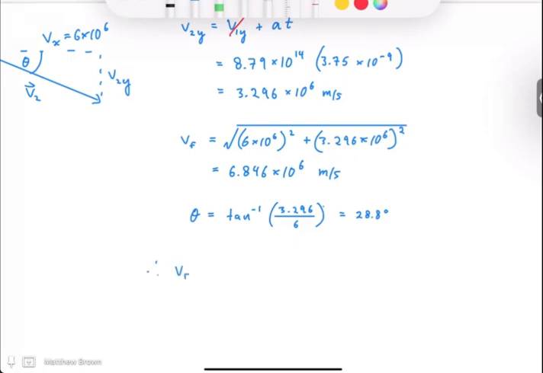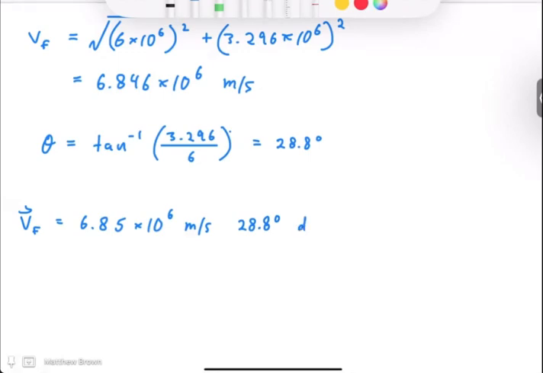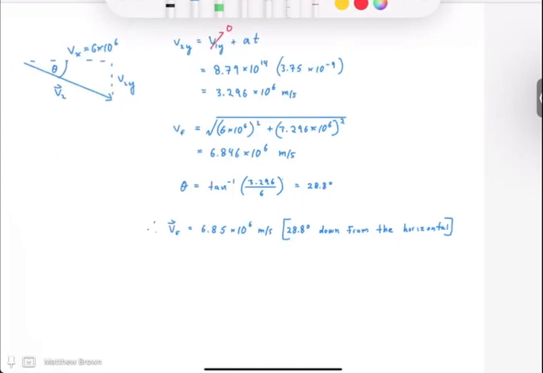So then I can say, therefore, V final is 6.85, let's say, times 10 to the 6 meters per second. I'll say 28.8 degrees down from the horizontal, at least the way it's drawn. Because why not go all the way and get the actual velocity?